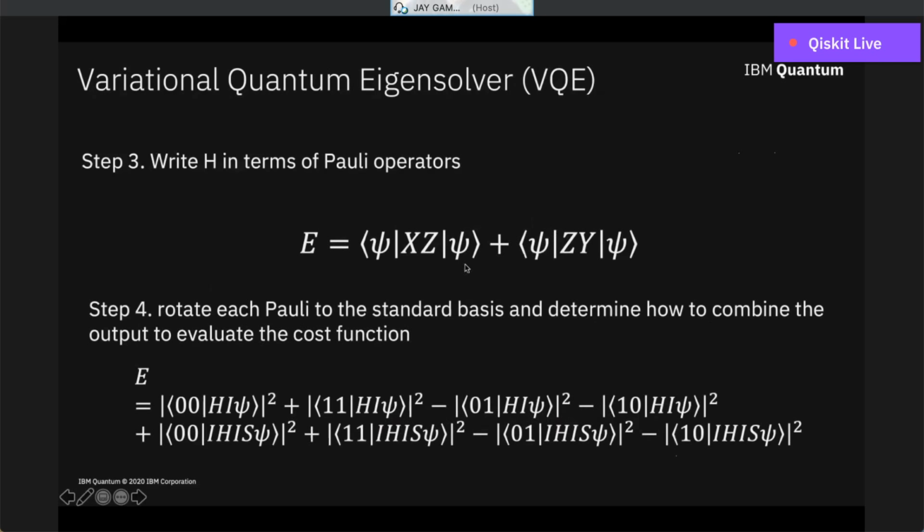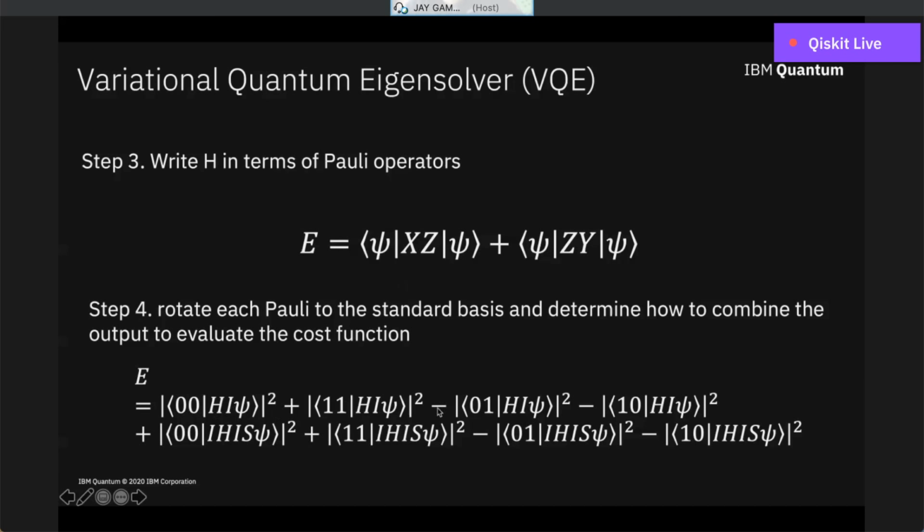To go back to that example that I had before of XZ and ZY, I want to measure these two. I can measure Z by simply doing nothing on the qubit 0, and I can measure X by simply applying this Hadamard operator that I talked about at the start that flips you to the superposition space.